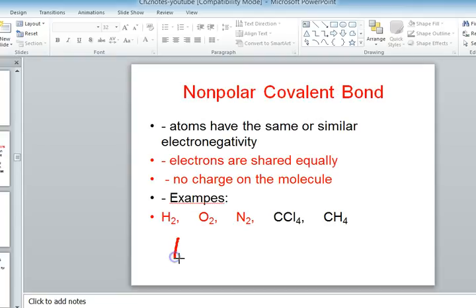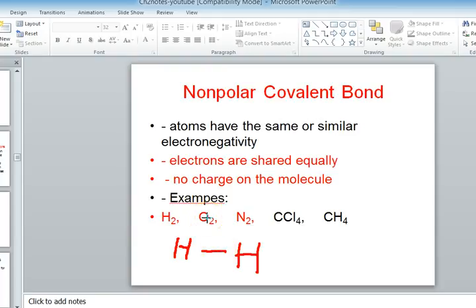So for example, right here, there's hydrogen. Here's a covalent bond. Here's another hydrogen. They both have the same pull for electrons, so these electrons are going to be evenly shared between the two atoms.